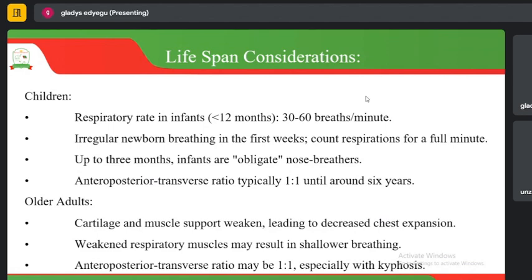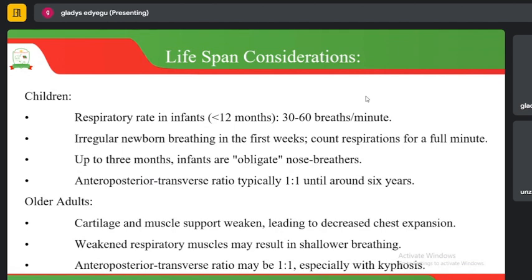The way they breathe may not be the way a strong adult or middle-aged person breathes. This can lead to decreased chest expansion, because their chest does not expand as much as that of someone with strong muscles and cartilage. Also, weakened respiratory muscles may result in shallow breathing. So they may not breathe as deeply as you, the younger person, would.